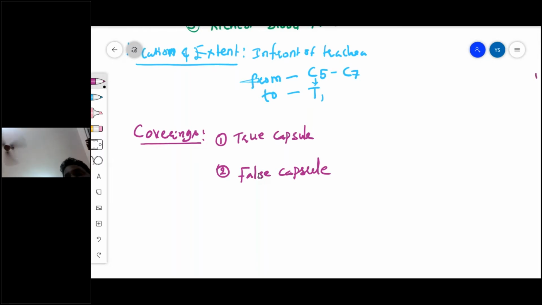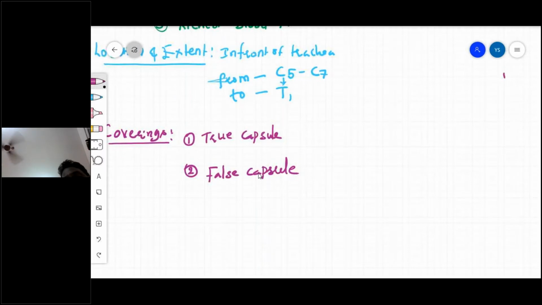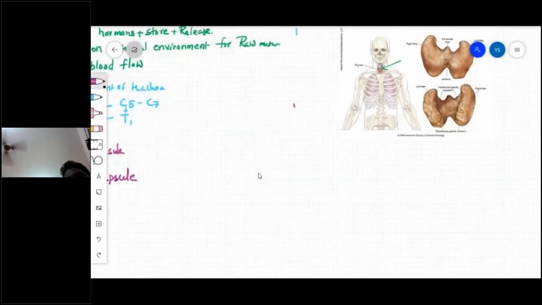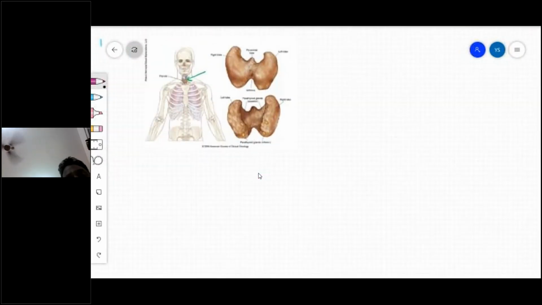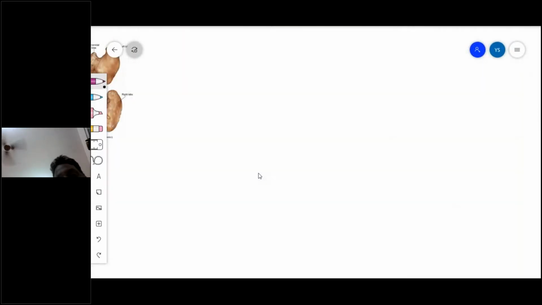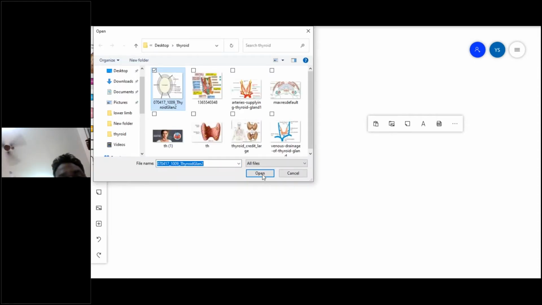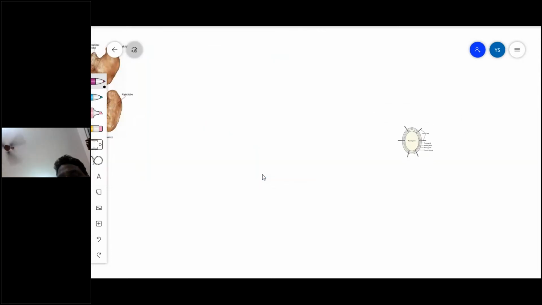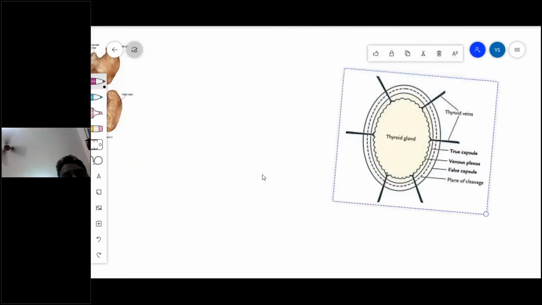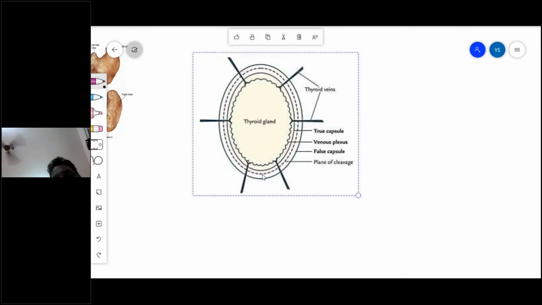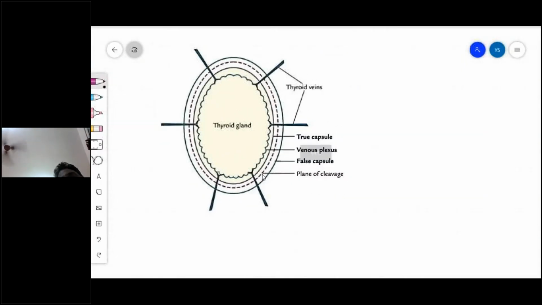For this also, once you see the picture, we can see the capsules of the thyroid gland.